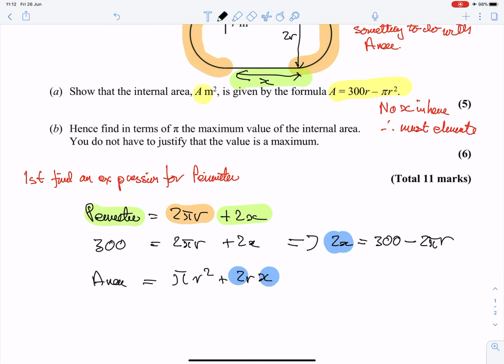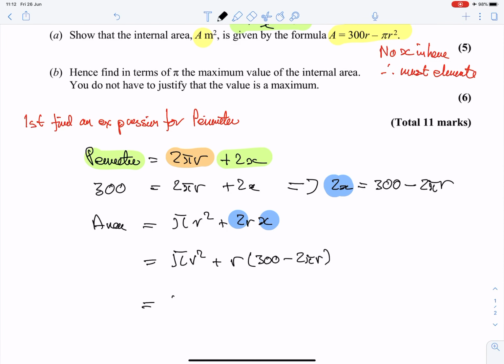So I get area equals pi r squared plus r times (300 minus 2 pi r). If I expand that, I get pi r squared plus 300r minus 2 pi r squared. Tidy it up: 300r minus pi r squared, collecting the pi r squared terms together, and that's as required.